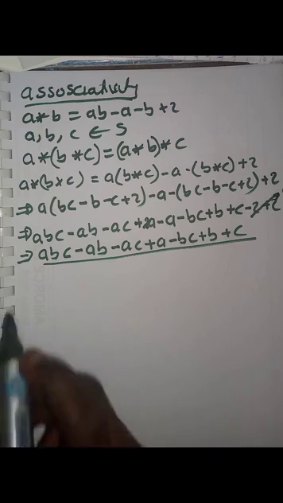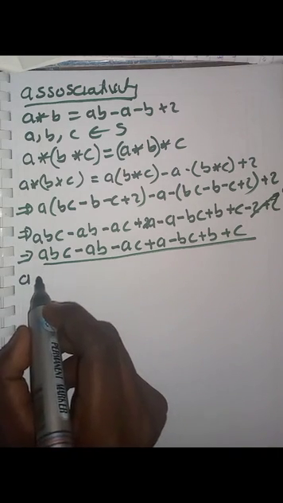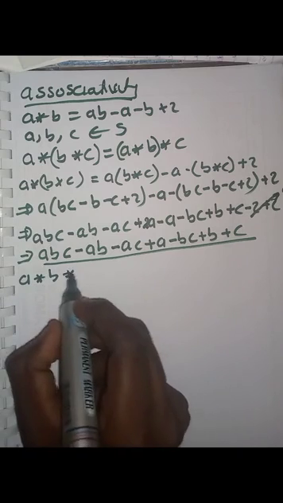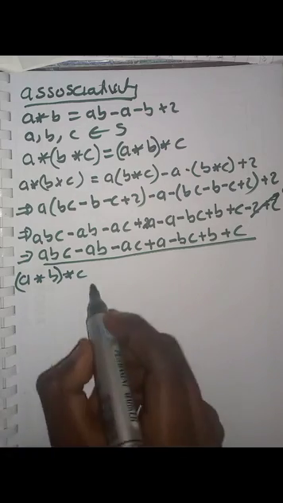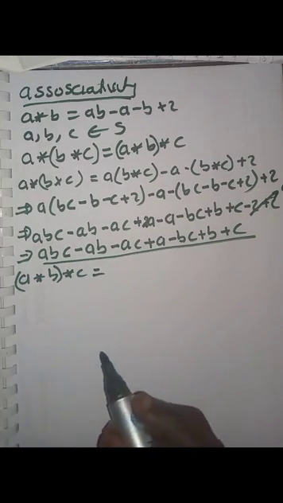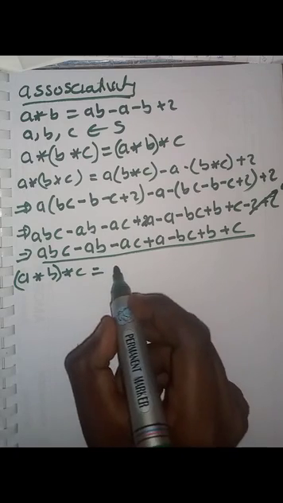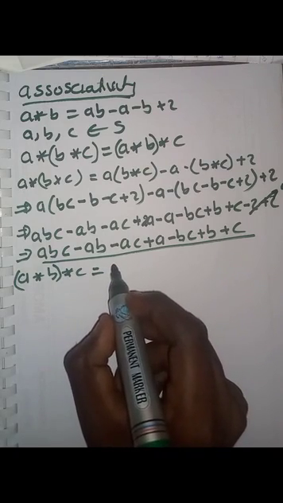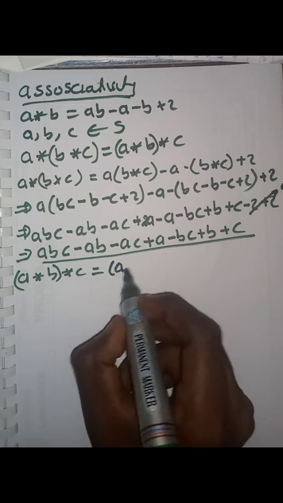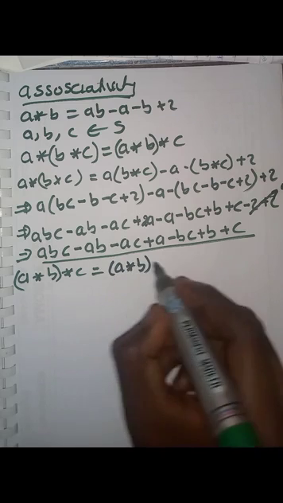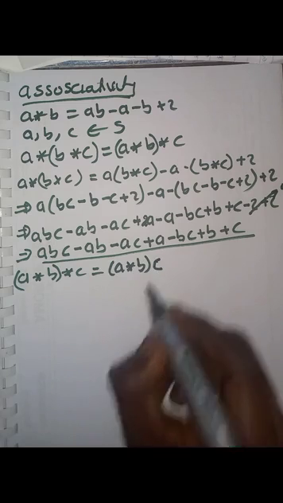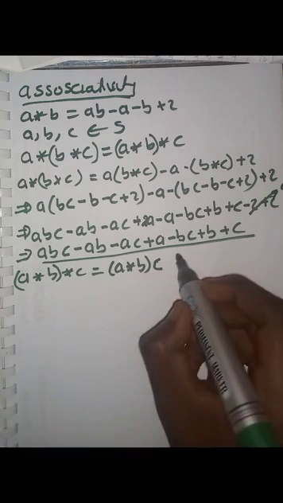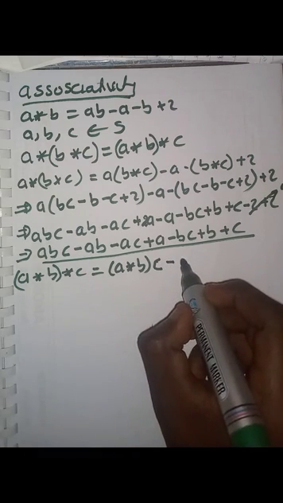So let's verify if it is the same as A star B star C in this order. Yes, in this order. Let's verify. Our A star B, we're just going to have A star B, we multiply that with C. A star B, so C minus A. What is our A?